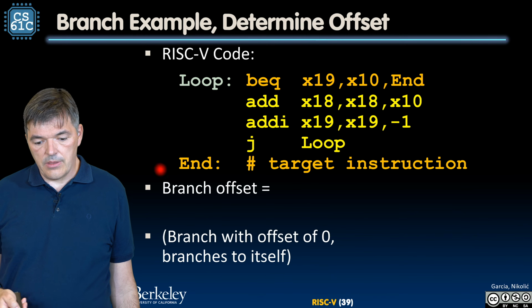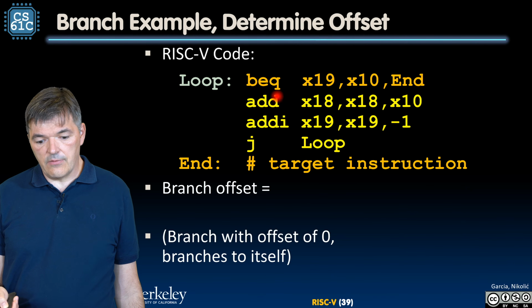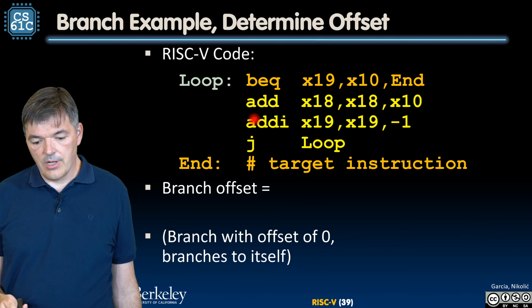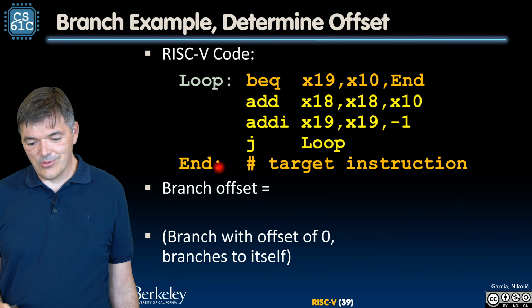So this instruction is at the value of PC, the program counter. This instruction is 4 bytes away, PC plus 4. This one is at PC plus 8, PC plus 12. What is the instruction that end points to?